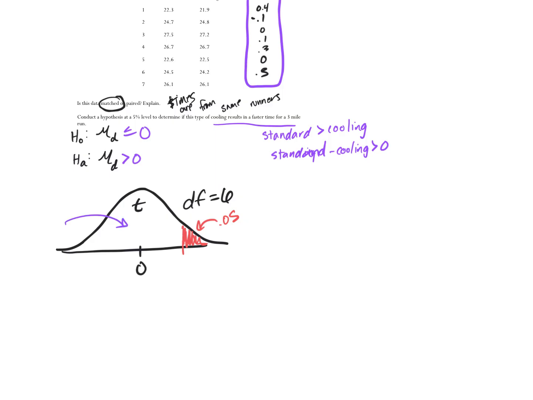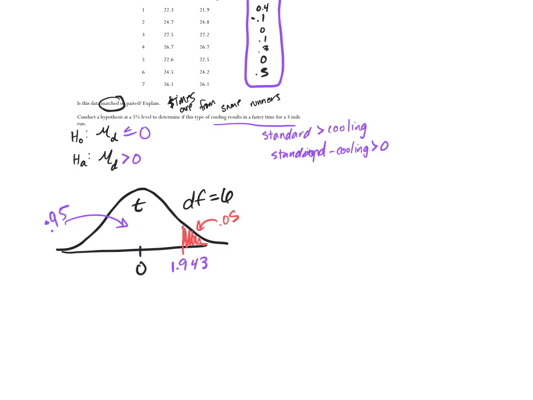So if my right-hand area is 5%, my left-hand area is 95%. Degrees of freedom is 6. Are we good?